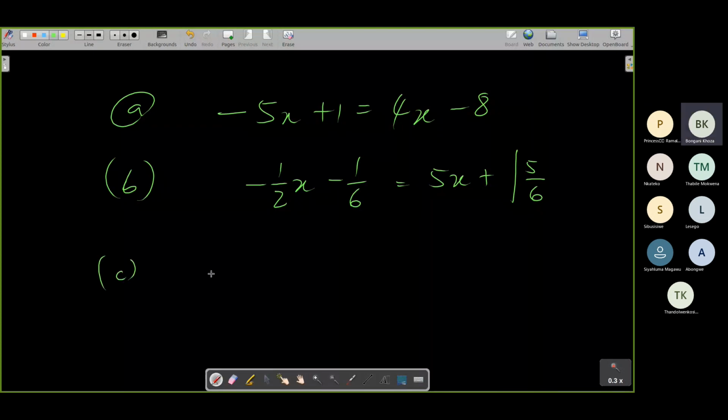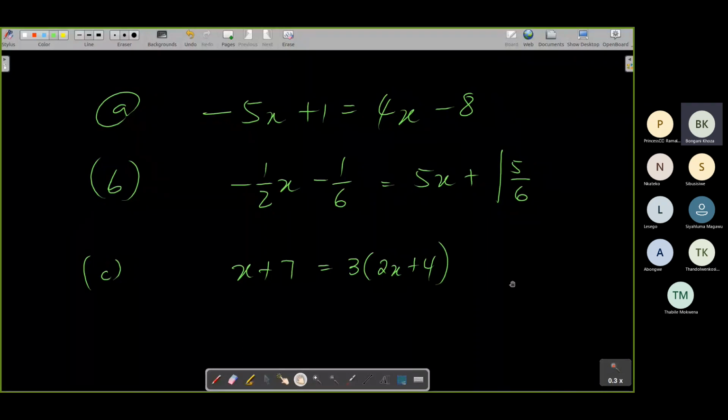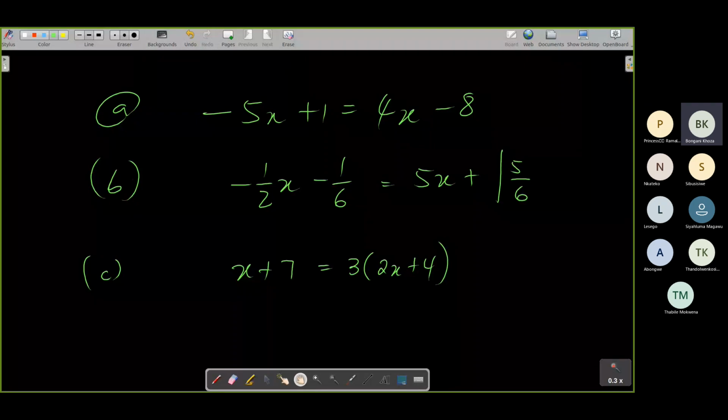And let's have this one as well, C: x plus 7 equals 3 times (2x plus 4). Can we try doing these ones? Let me know when you're done with A, as well as B, as well as C.